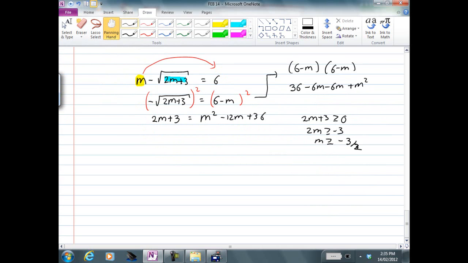Okay. So now, I'm going to get all the m to one side. So we have m squared minus 14m plus 33. How do you get negative 14m? Because what I did was I moved the 2m to the right side, and when I move it to the right side, I minus 2m.